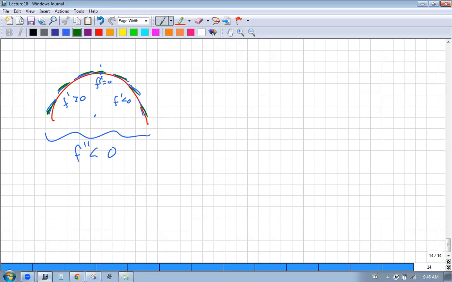Each line, the slope is less. The slope goes from positive to negative. It's decreasing the whole time, right? But if you have something like this, here the first derivative is negative, because you are pointing downward. Right here, the slope is 0. Over here, the first derivative is positive.